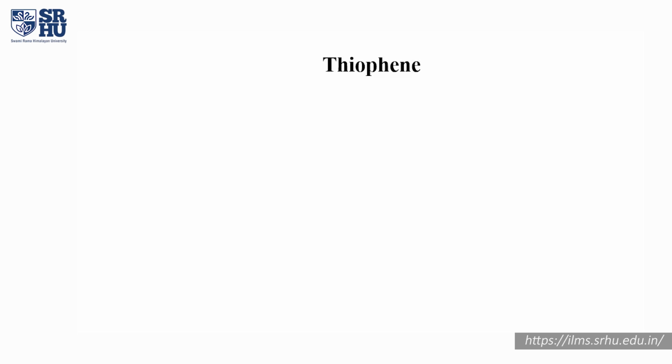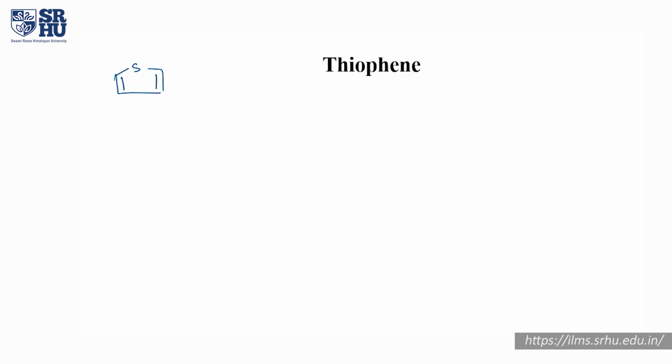So, dear students, our last heterocyclic moiety in unit number 3 is thiophene. So, thiophene looks like this. It's a sulfur atom in the 5-membered ring, and this is our last heterocyclic moiety.